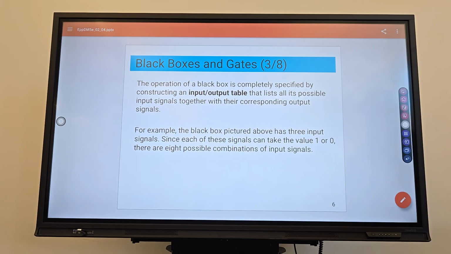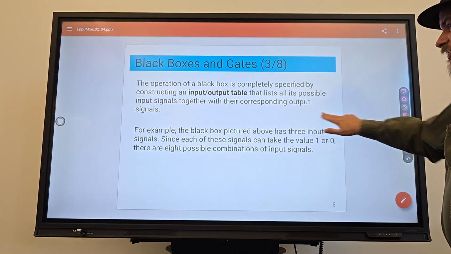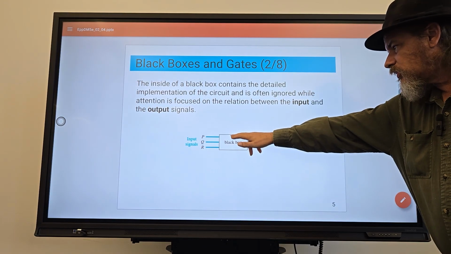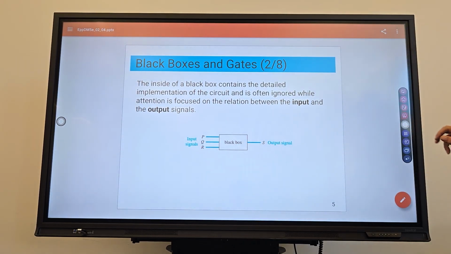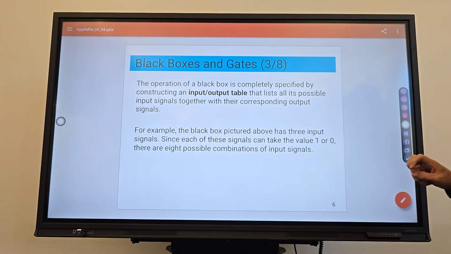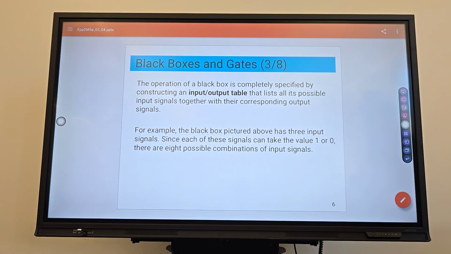You have the specification of the black box by way of an input-output table, also known as a state table, that lists all the possible input signals together with the corresponding output signals. The previous slide showed a black box symbol with 3 input signals and 1 output signal. Since each of these signals can be valued 1 or 0, there are 8 possible combinations of input signals, same as how many variables there are in logic statements.